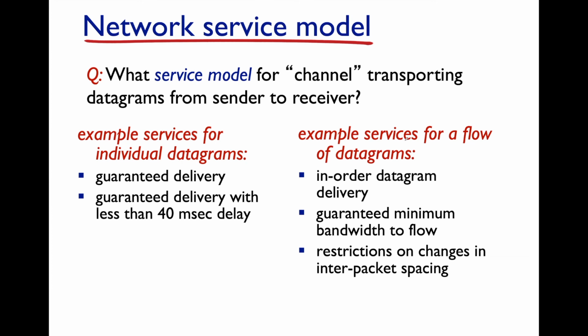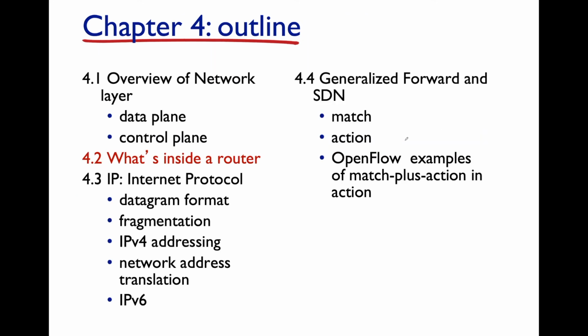One of the questions one would ask is what sort of service model you have for the channel to transport these datagrams from the sender to the receiver. You might want guaranteed delivery, or certain types of flows, or guaranteed bandwidth.